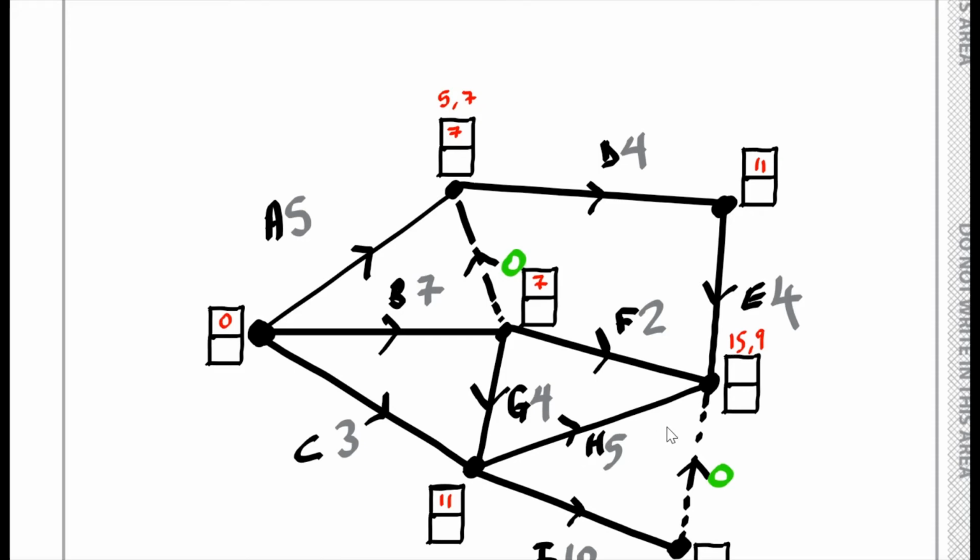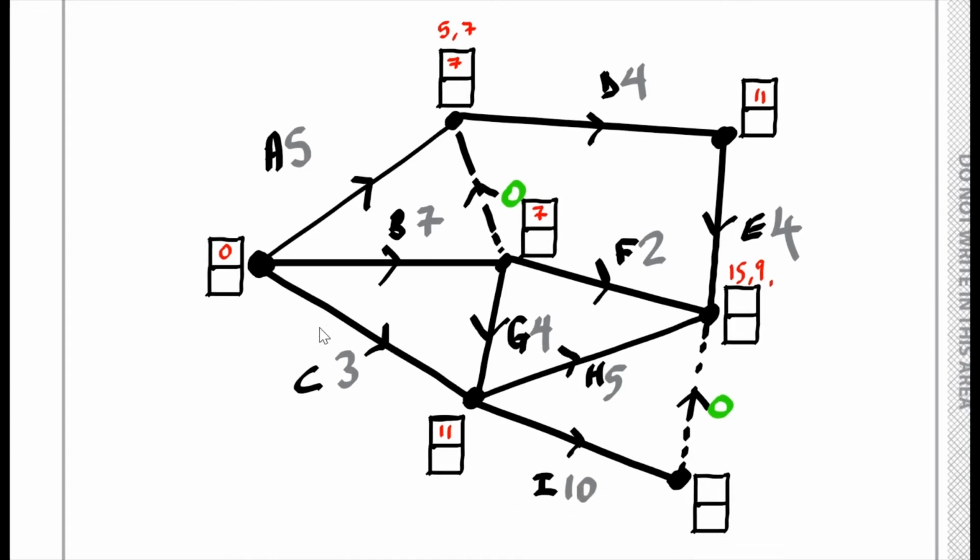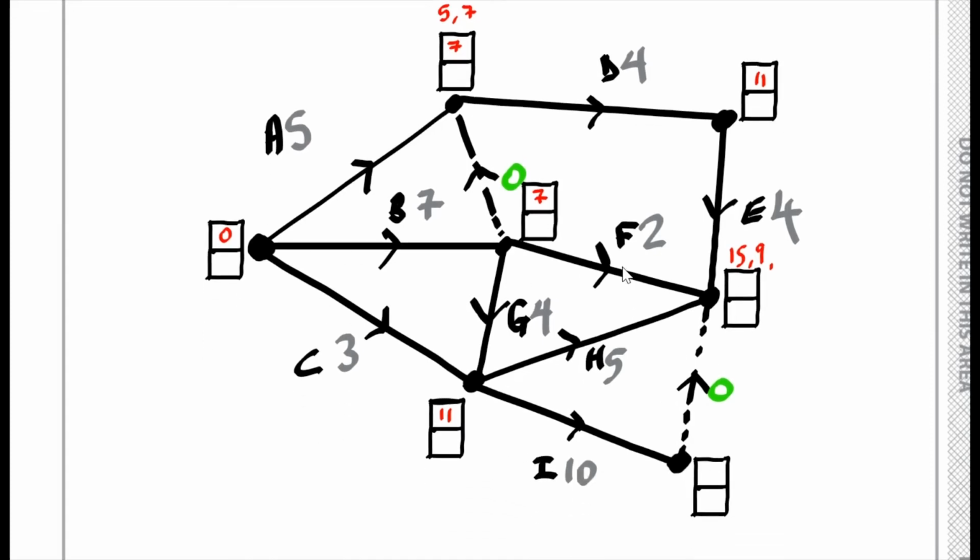And what else goes in? 11 plus 5 is 16. And then 11 plus 10, that's 21. And then 21 plus 0, that's 21. 21 is the biggest one, so 21 goes inside here. And that's all the forward passes done.